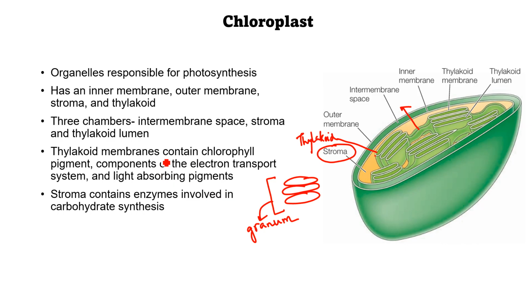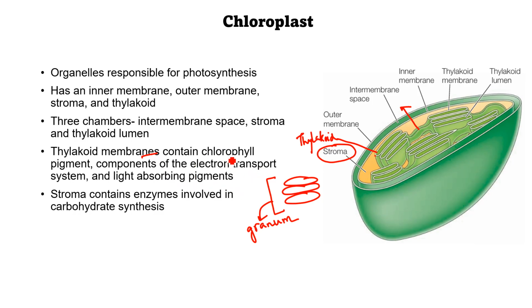The thylakoid membrane. Like we were discussing in mitochondria, the inner mitochondrial membrane had different proteins involved in the electron transport chain. Similarly here, the membranes having these different photosynthetic pigments are the thylakoid membranes. The thylakoid membrane contains chlorophyll pigment, components of the electron transport chain, and light absorbing pigments.